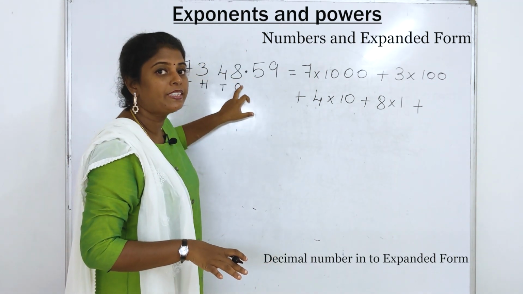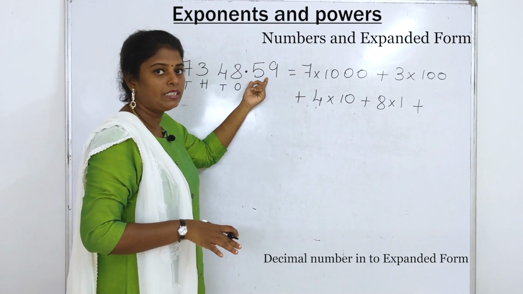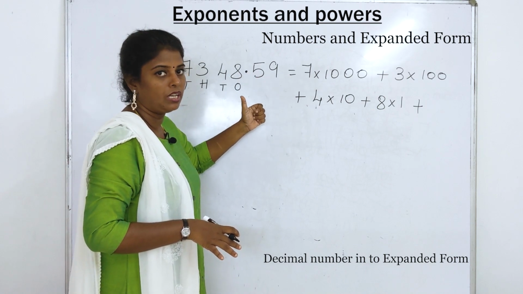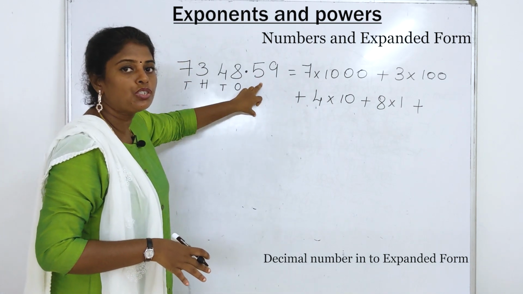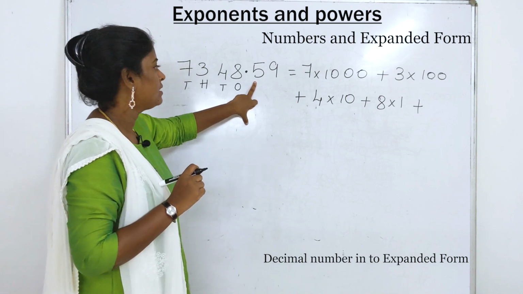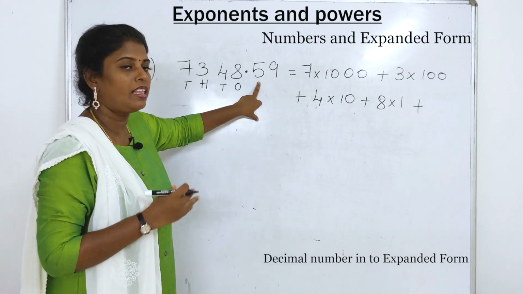Here 5 is the digit that comes after the decimal point and the position of the 5 is 1/10, the tenths place.